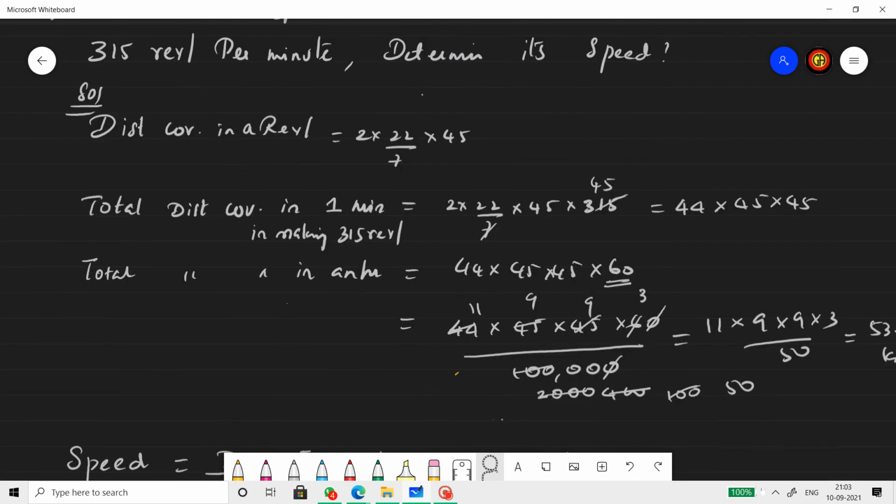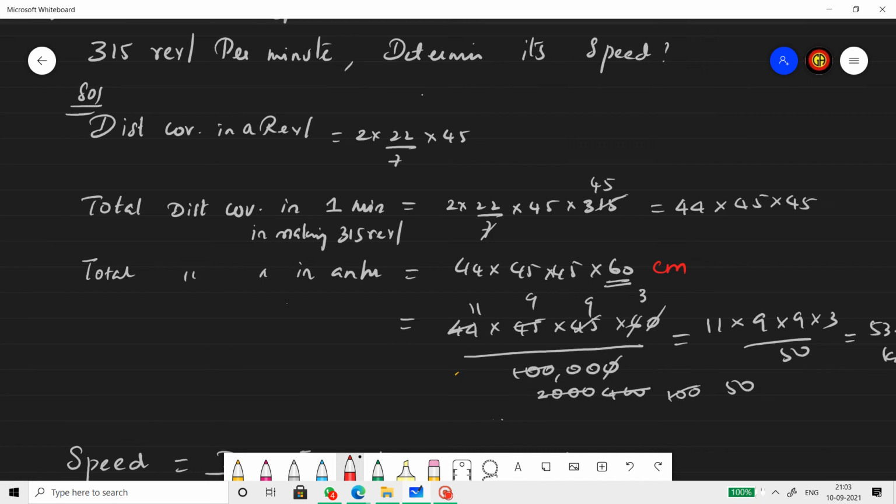Distance covered in 1 minute is what we found, and it's a very big number. So let's convert this to hour. So distance covered in an hour, I multiplied it by 60. Whatever I get here is in centimeter because the radius is in centimeter, which means it's again a very big number.